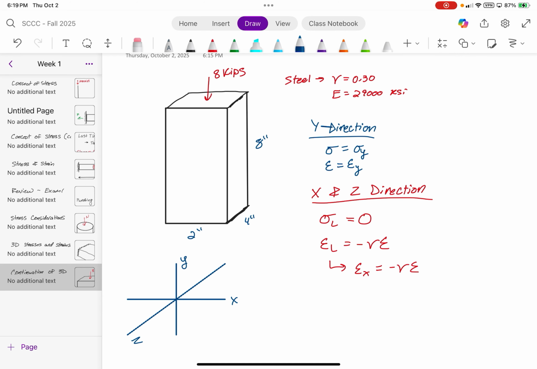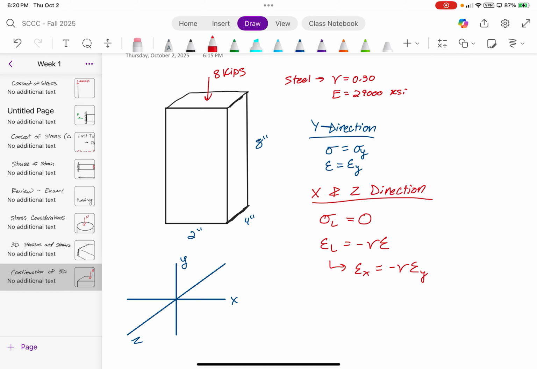I just added little letters towards the bottom of it just to clarify the direction that it's going. So we can just say that the strain in the x direction is equal to the negative Poisson's ratio times the normal strain, which we said was y. Any questions about that?